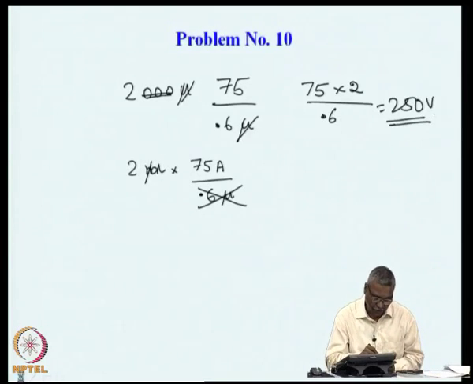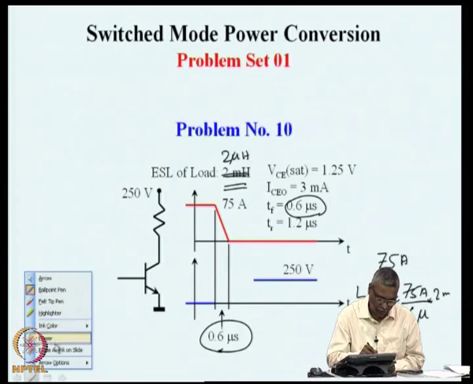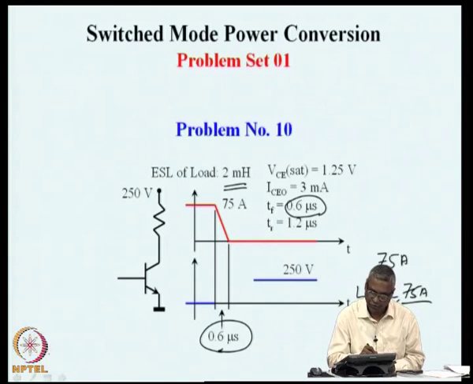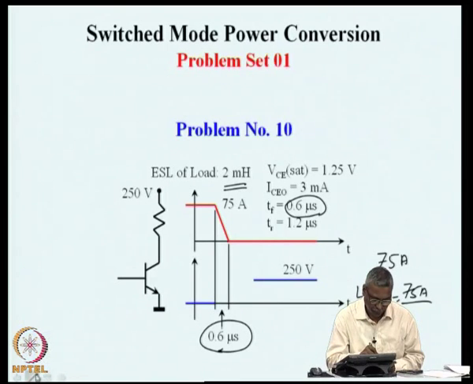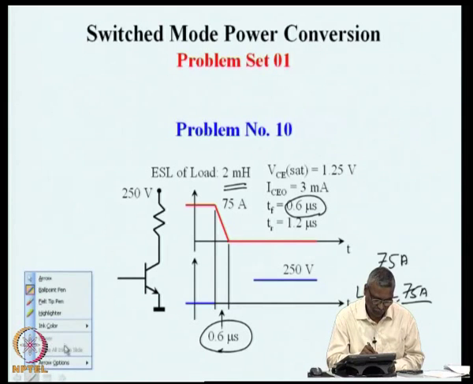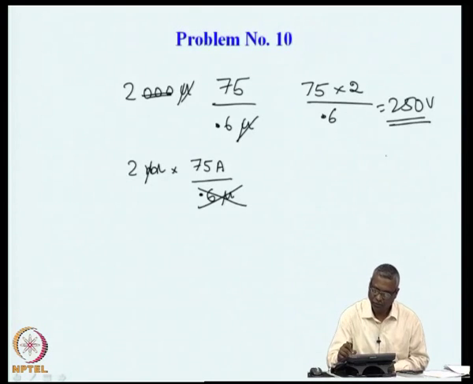So, the voltage across the inductor, we will clear up all those things. Yeah, 250 volts is our device voltage drop.